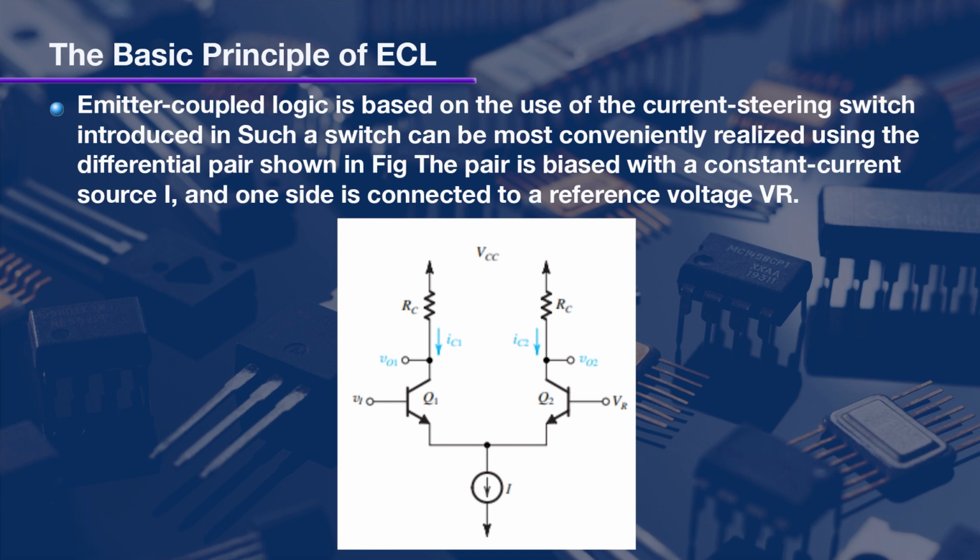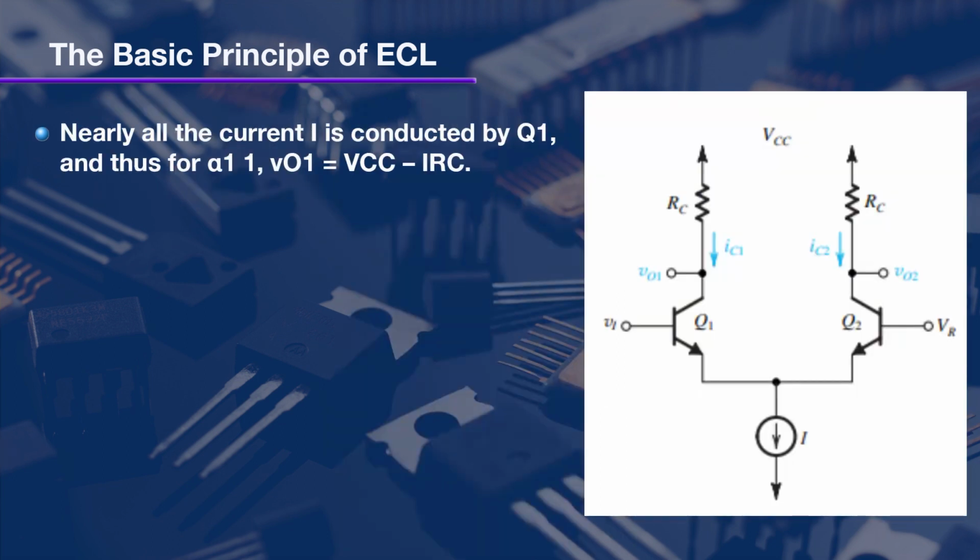Especially when Vi is greater than VR by 4 Vt, about 100 millivolt, nearly all the current is conducted by Q1, and thus V01 equals VCC minus IRC.